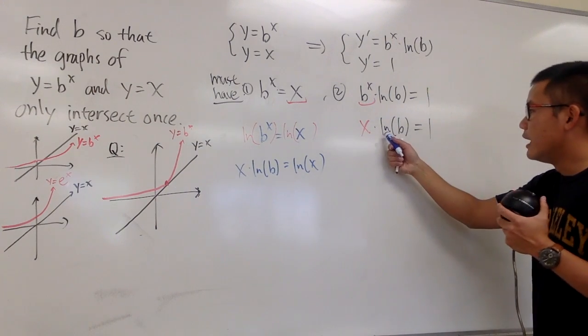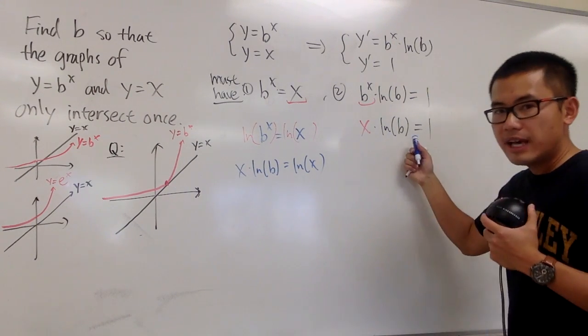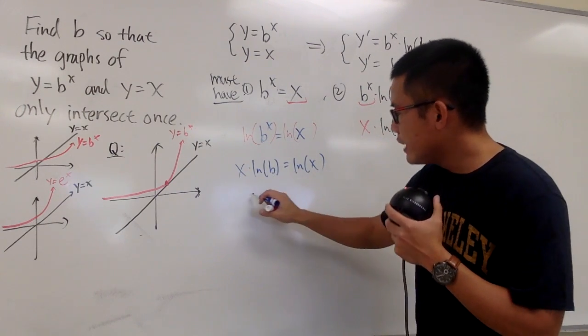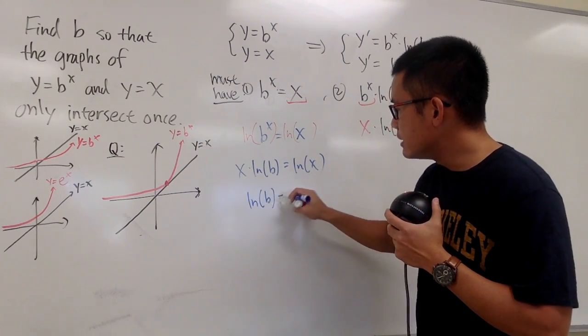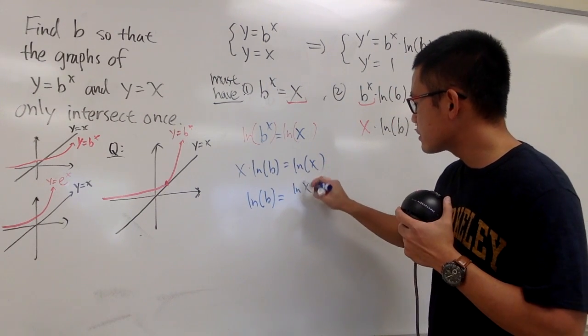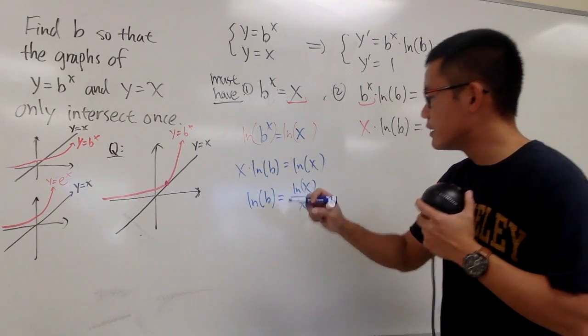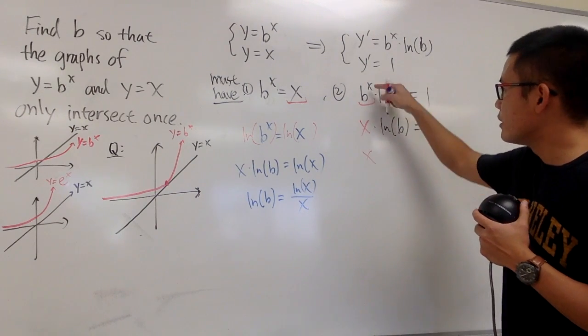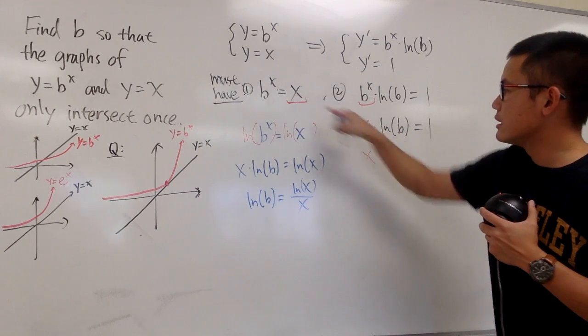I want to get ln b in terms of x. So right here, I can just divide x on both sides. Namely, I get ln b is equal to ln x over that x, right? So you see this is the x that we had earlier because that was b to the x.